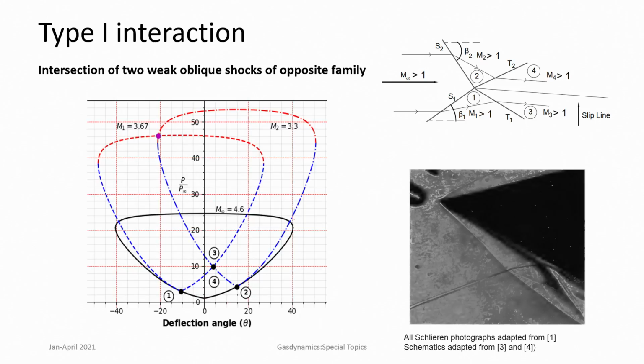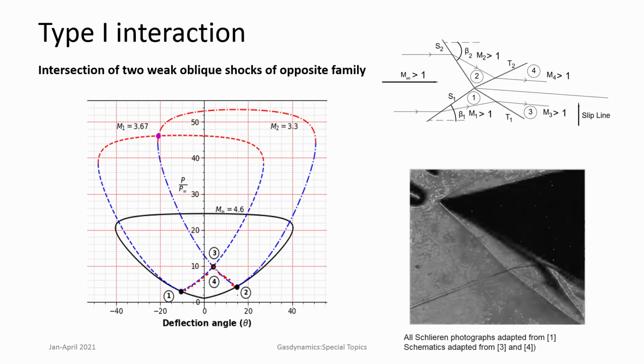These are scaled shock polars plotted in actual coordinates, and this black line represents the upstream flow, which is having Mach number of 4.6. The two shocks are represented by these shock polars. So, you can see here this is one kind of a shock, while the other one is in the opposite kind, and they both intersect at this point, which is 3, 4.